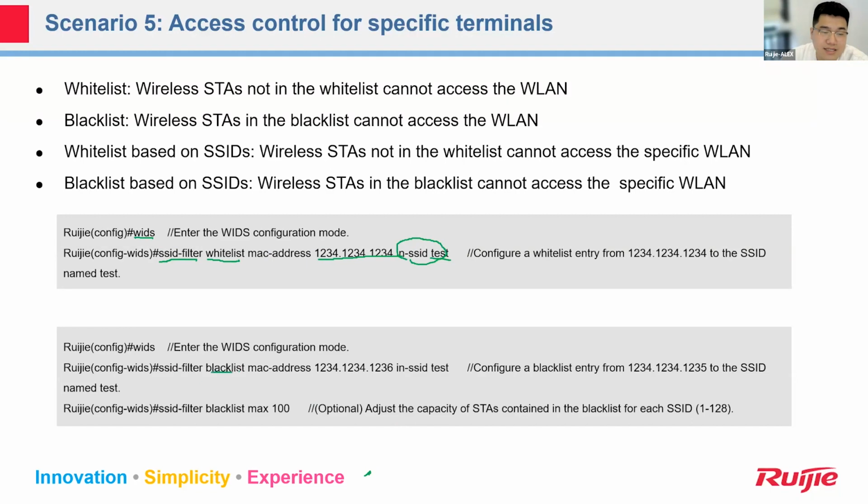The blacklist is similar. We just change whitelist into blacklist, and at the same time you can also adjust the number of STAs contained in the blacklist. Here we change it to 100, and the limit here is from 1 to 128. Okay.